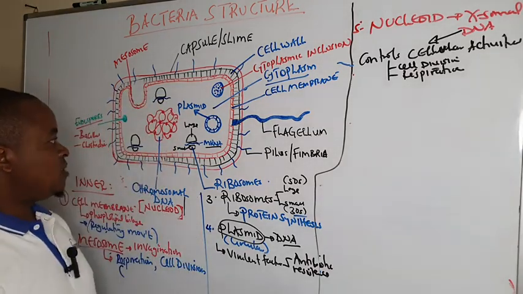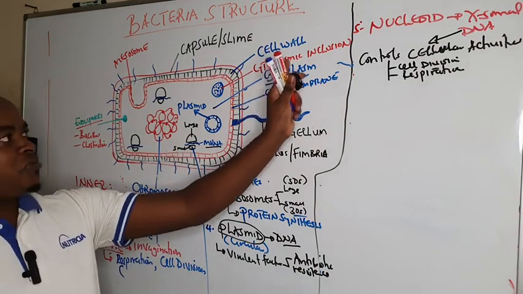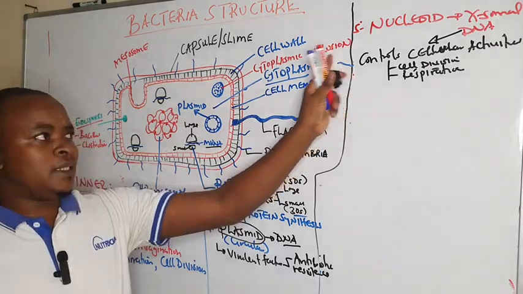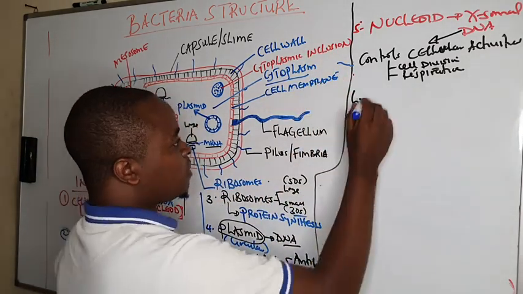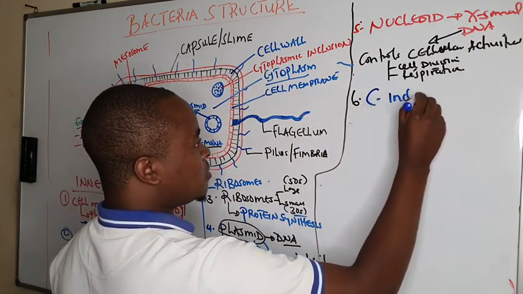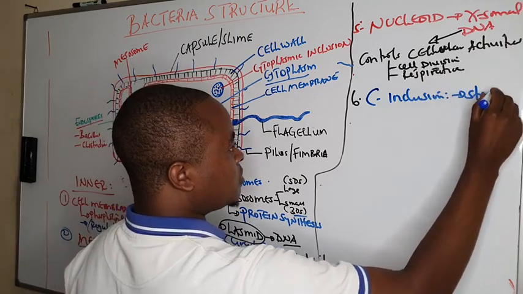That is what we can tell you. As we are concluding, we also have what we call the cytoplasmic inclusion as number 6. The cytoplasmic inclusions act as a space of storage.